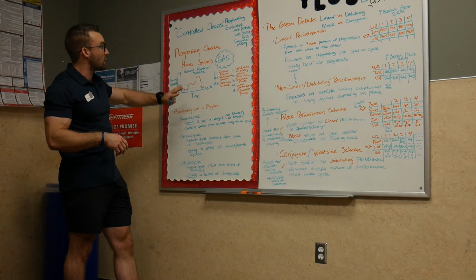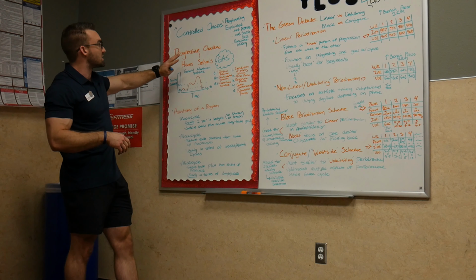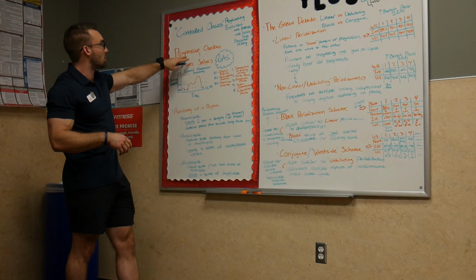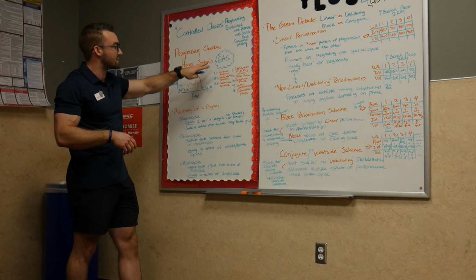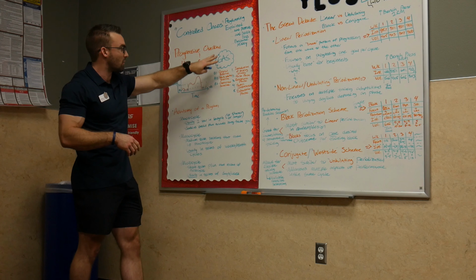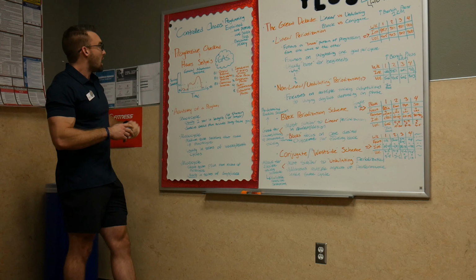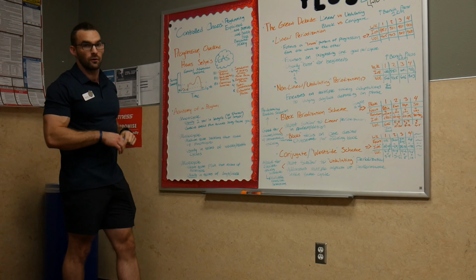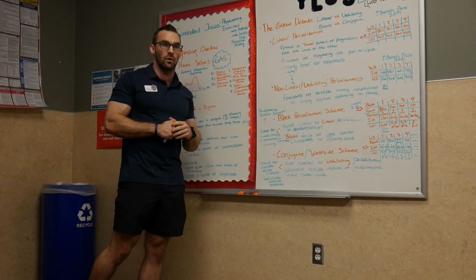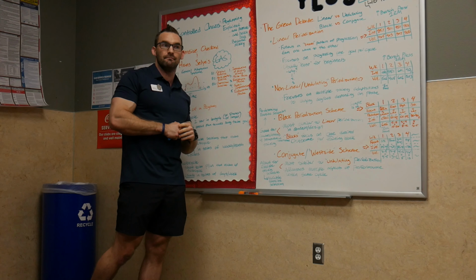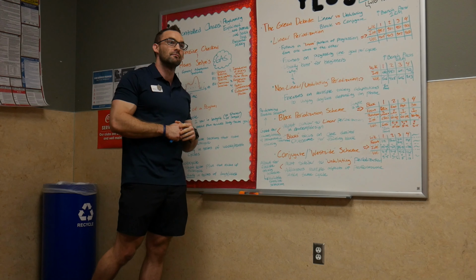And when it comes to creating your plan, we need to understand some definitions. So progressive overload and Hans Selye's general adaptation syndrome, or G.A.S. for short. Anyone have an idea of what progressive overload is, or can infer what it means just based on the words in the term? Just over time, adding weight, increasing the weight.